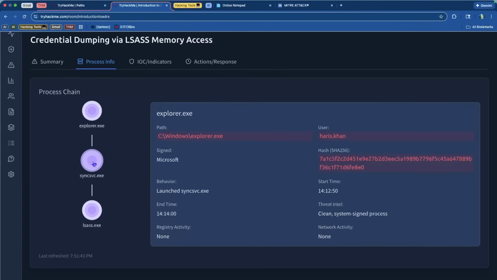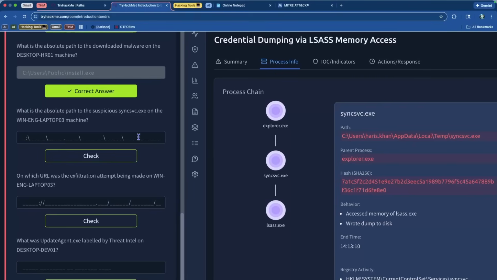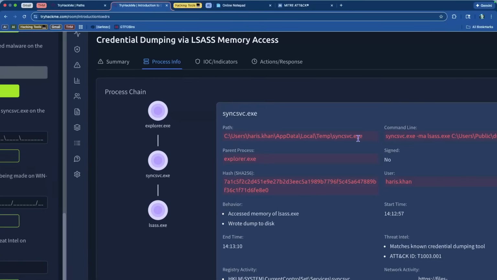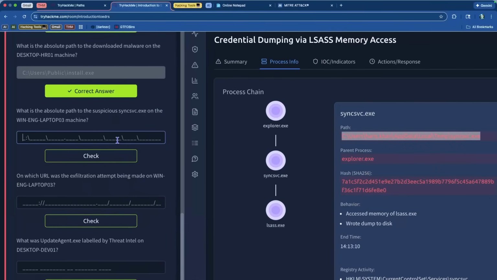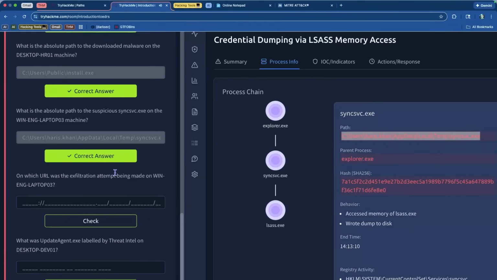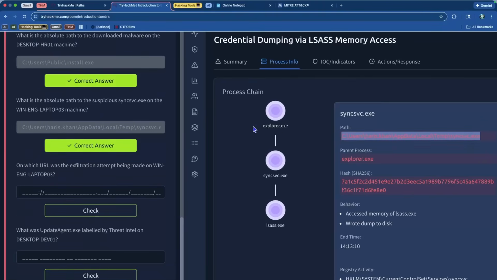We have this right here, and the absolute path of the sync, that's what they're asking, right? So this will be the absolute path right here. Let's see if this is the actual answer that we're looking for. Excellent. Fantastic.